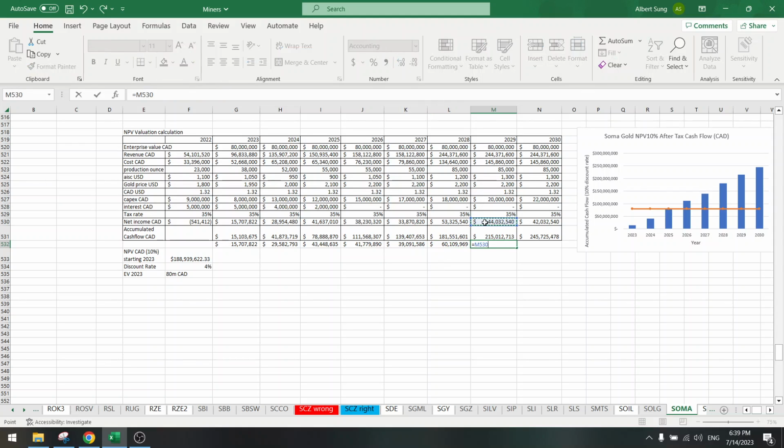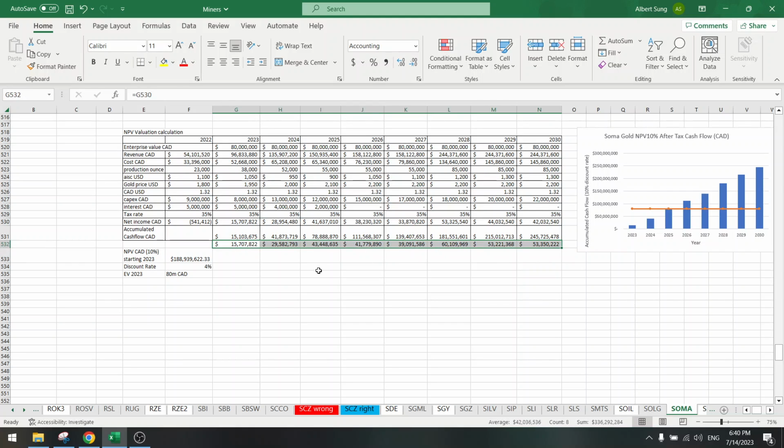This is this plus 4% times sum of this, and this is this plus 4% times sum of this. Okay, so these are the cash flows that come in those 8 years.